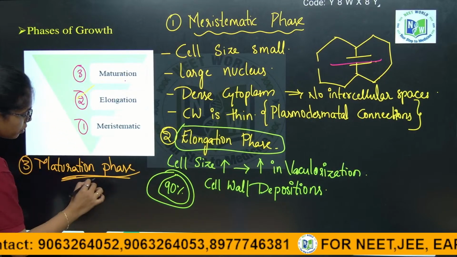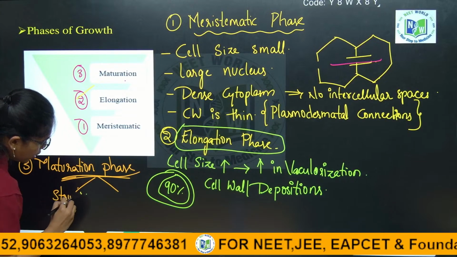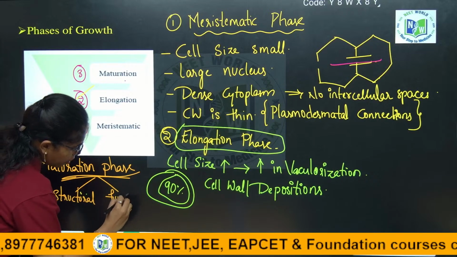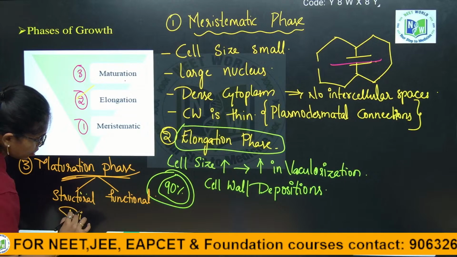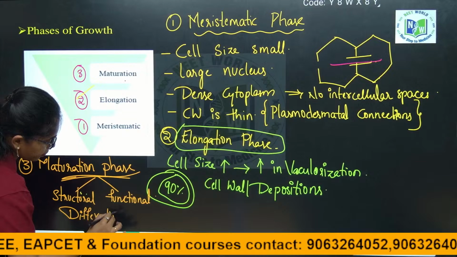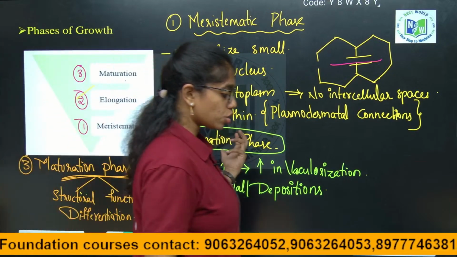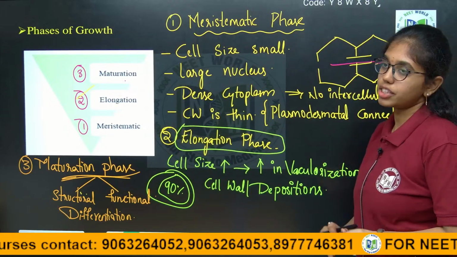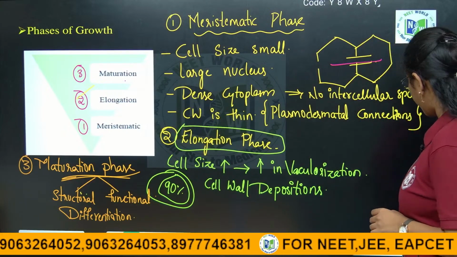In the maturation phase, all the cells will attain structural and functional differentiation. Clear? These are the modifications of cells or the patterns of cells which are observed in different phases of plant growth. This you have to keep in your mind, very important.